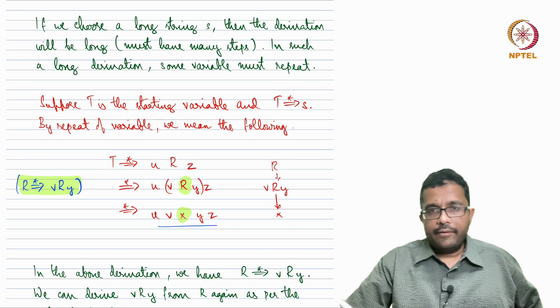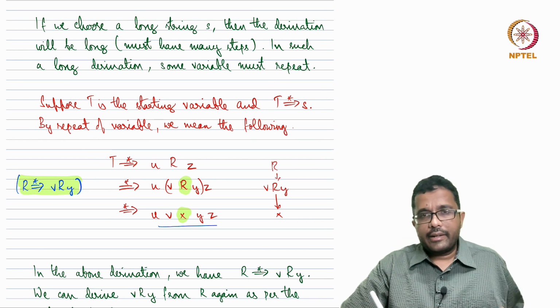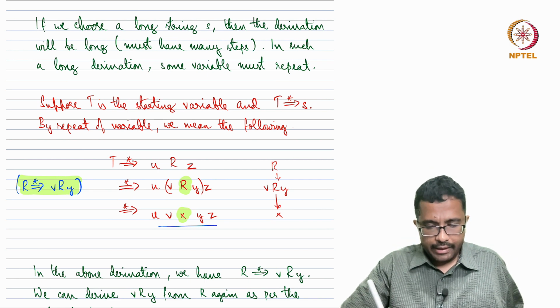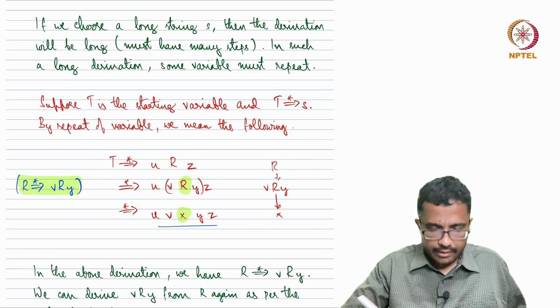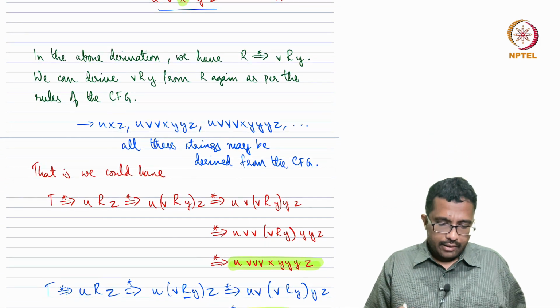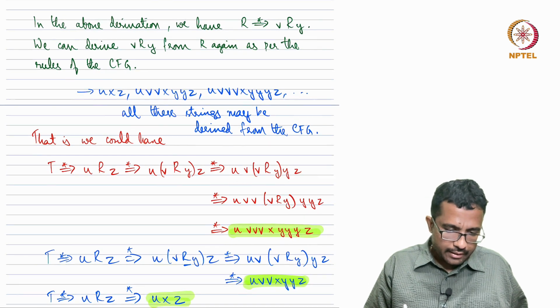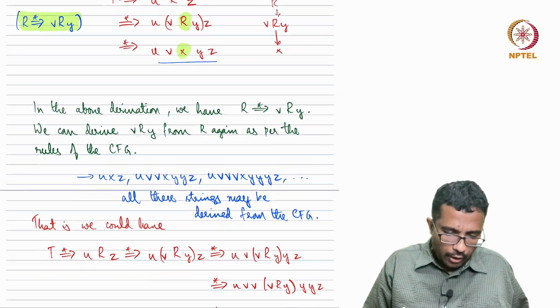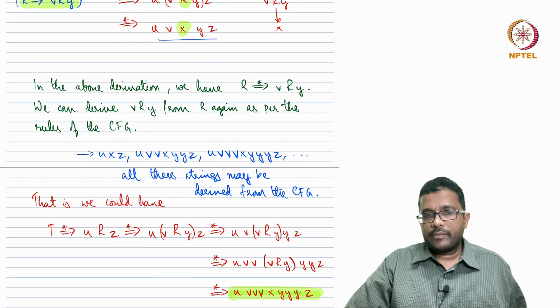Just because we know that R derives VRY and R derives X, we can combine them in different ways to get these strings. And that is pretty much the high level idea of the proof of the pumping lemma.